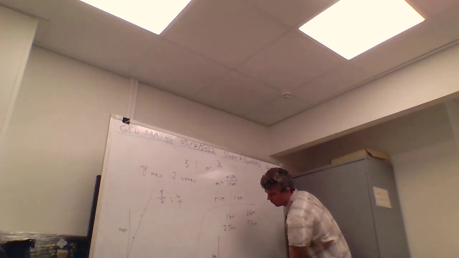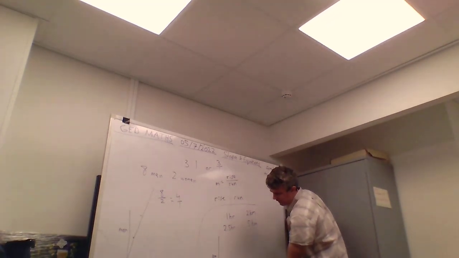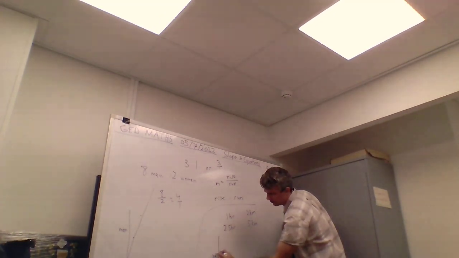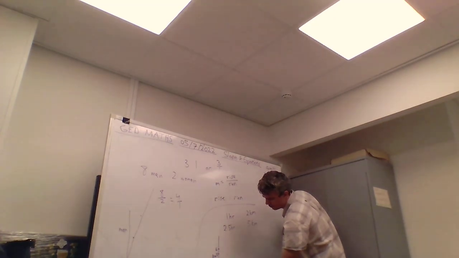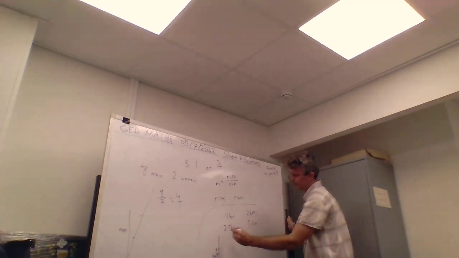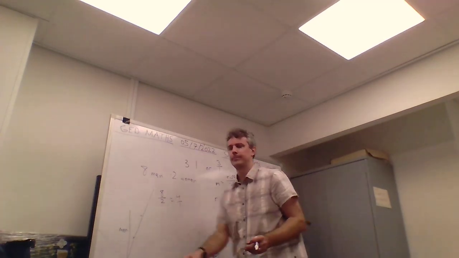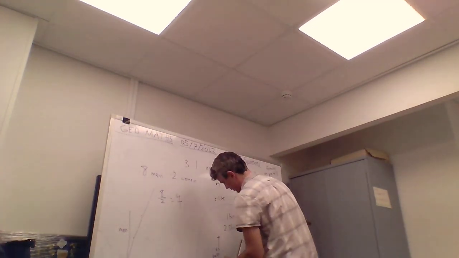Here's 1 point. 2.5 hours is 5 kilometers, 1, 2, 3, 4, 5. So I can describe this here.